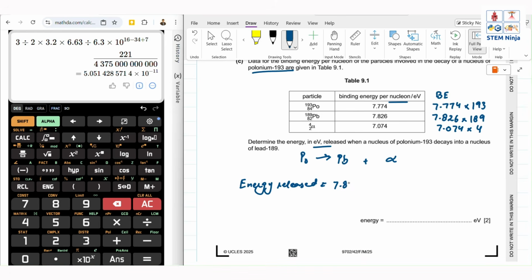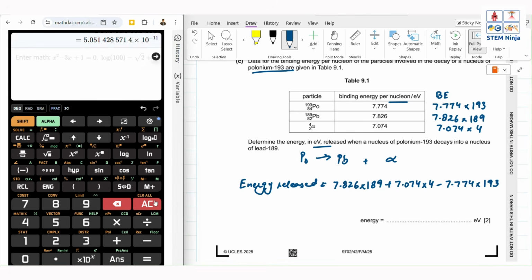So 7.826 times 189 plus 7.074 times 4 minus 7.774 times 193.